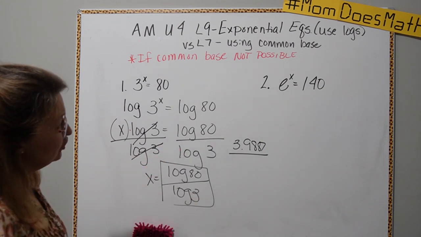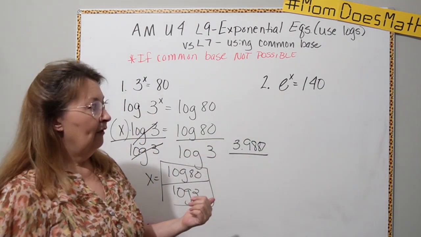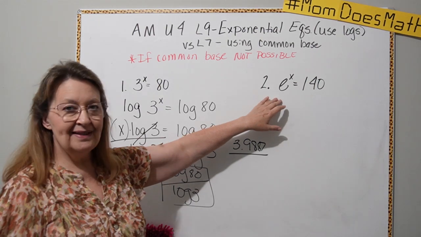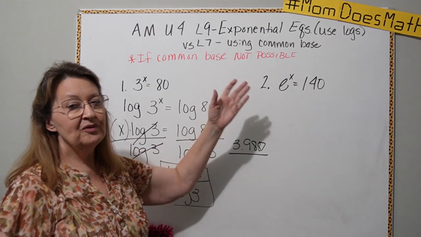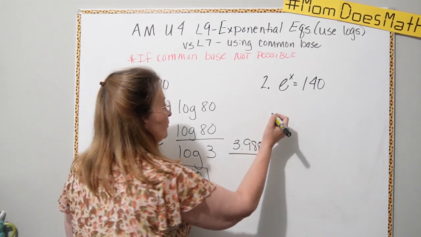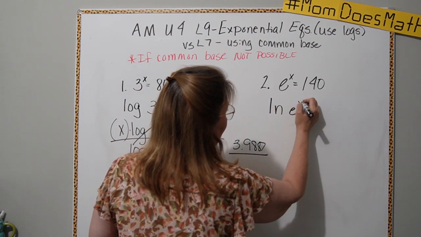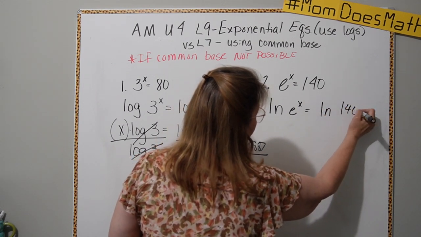Now, for number 2, we have e to the x is equal to 140. What kind of a log do you use when you have a base e? Do you remember that? It wasn't just the common log, but it was the natural log. So we're going to rewrite this one as ln of e to the x is equal to ln 140.